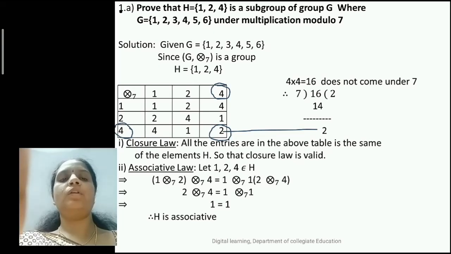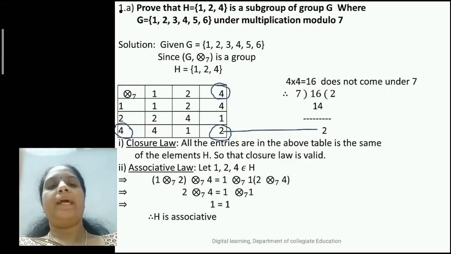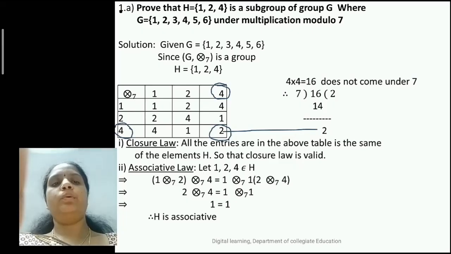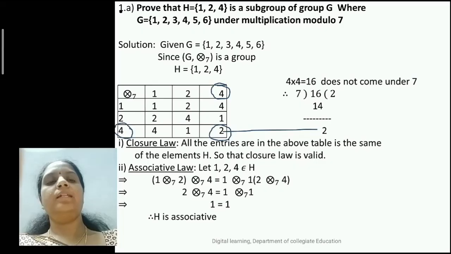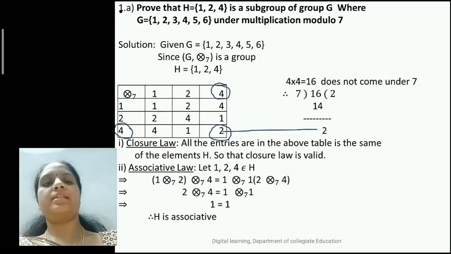For associative law, we consider the elements of the subgroup 1, 2, 4. The bracket on the LHS side is for 1 and 2, and outside the bracket 4 is considered. On the RHS side, the bracket is for 2 and 4, and outside the bracket we consider 1.